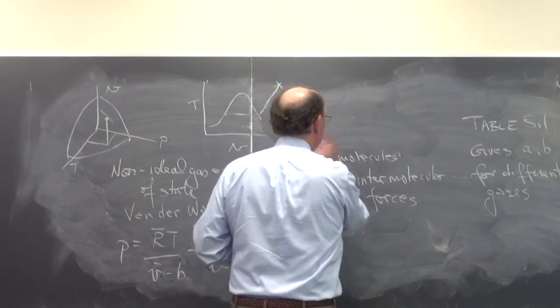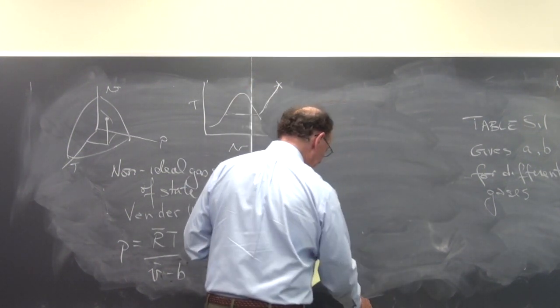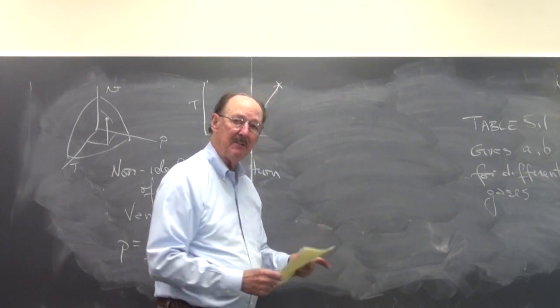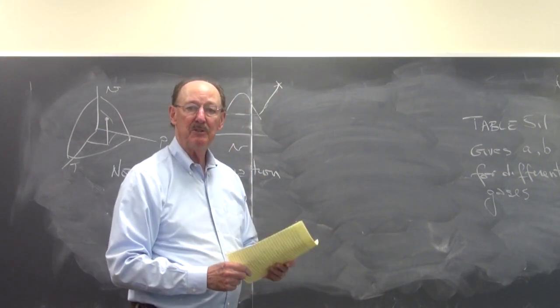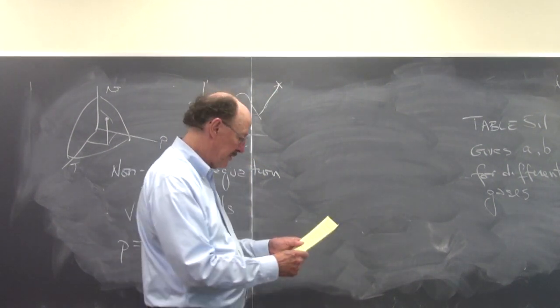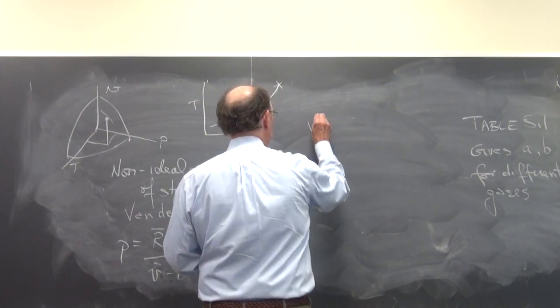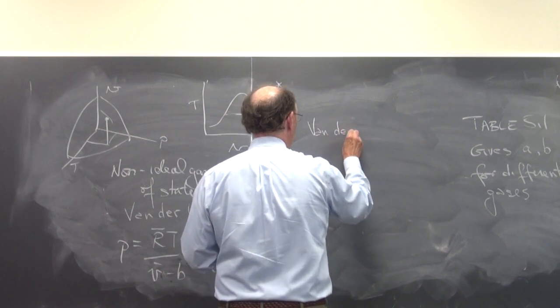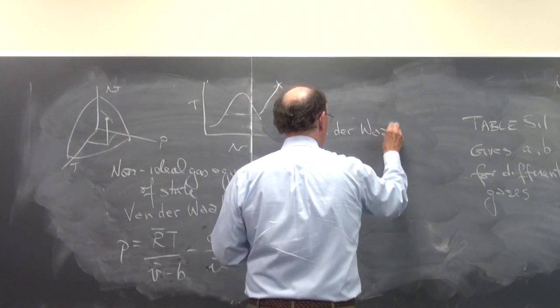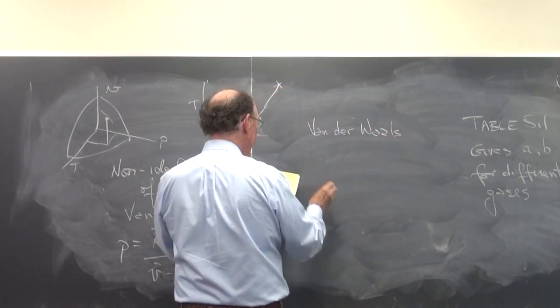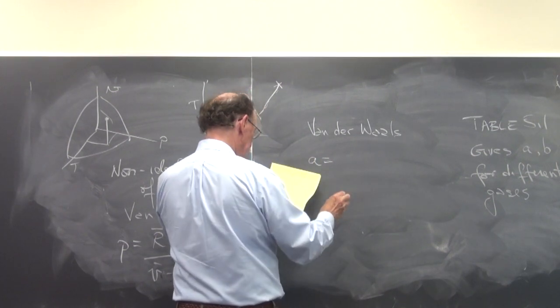What happened for the van der Waals equation is that A and B can be determined in terms of the critical properties. There's a lot of tricky math involved, which is, to my mind, not worth the effort.